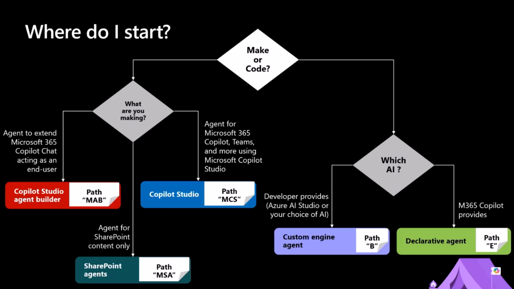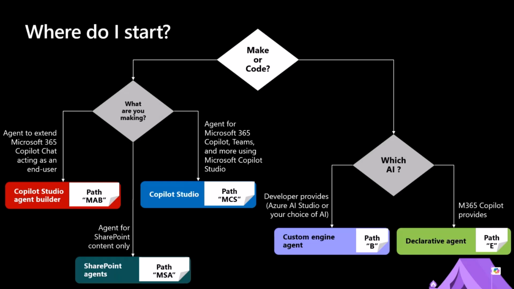If you use Copilot Studio Agent Builder nowadays, you can only extend Microsoft 365 Copilot Chat. If you use Copilot Studio, you can create agents for Microsoft 365 Copilot Chat, but you can also create agents which will be available in Teams, for example, with a bot-like experience, but they will be smart bots because it is not just a simple bot, but actually a bot with generative AI in the backend.